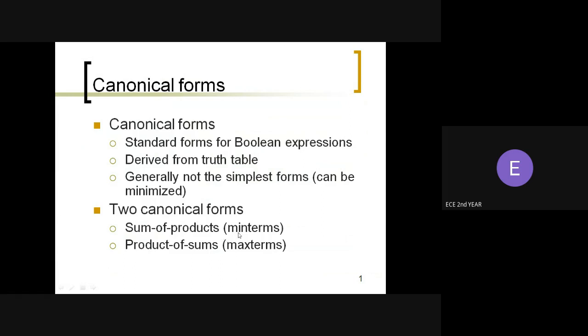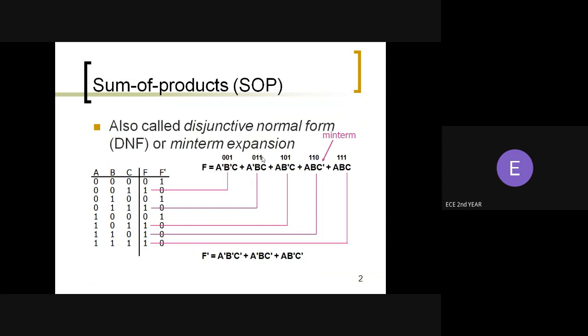They are called min terms for all the terms which are present in the sum of products, and the terms which are present in the product of sums are called the max terms, right? Canonical forms are nothing but simply standard forms for a Boolean expression. Let us see what those canonical forms, SOP and then POS, are.